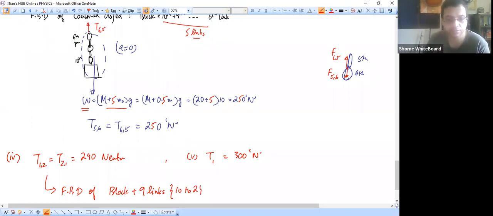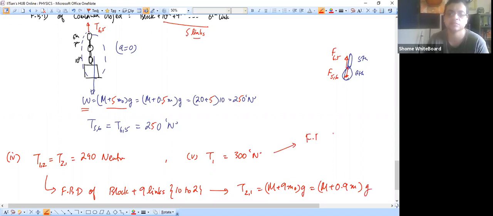That will show you that the tension acting on the second link due to 1 will be equal to capital M plus 9 M naught G, or capital M plus 0.9 times small m G. And similarly for this, make the FBD of the block plus the full chain, all 10 links.